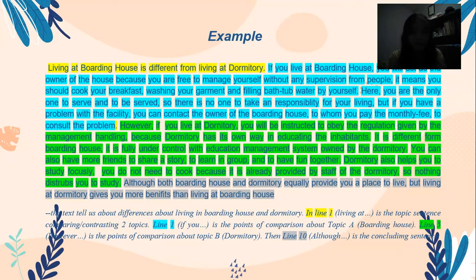It is boarding house and dormitory. And then I marked with blue the points of comparison about topic A or boarding house. And then line 5, I marked with green, is the points of comparison about topic B or dormitory. And then line 10, I marked with gray color, is the concluding sentence.